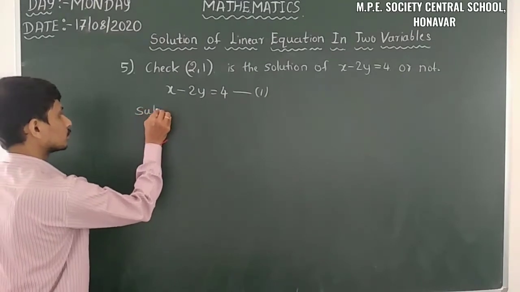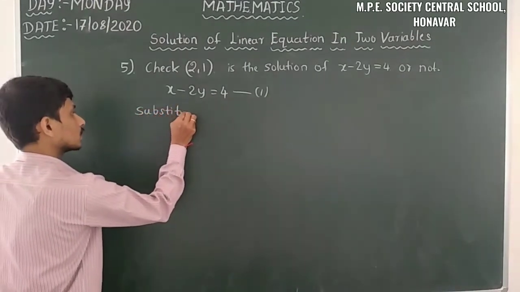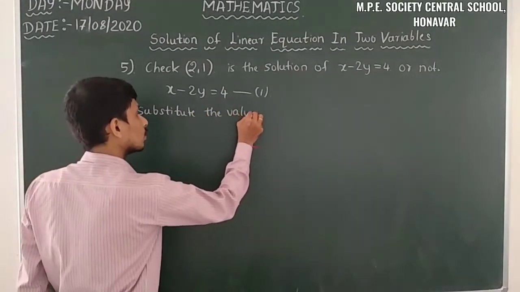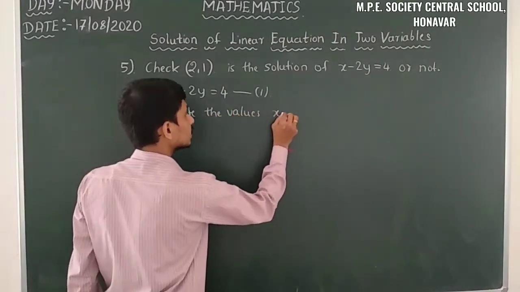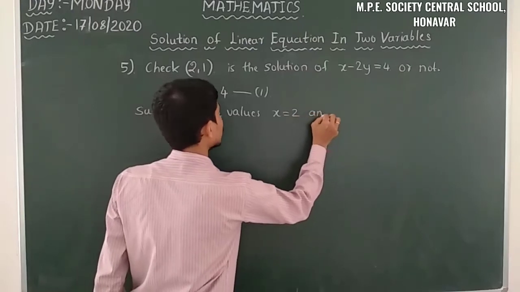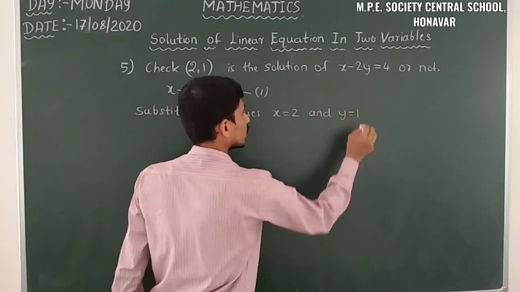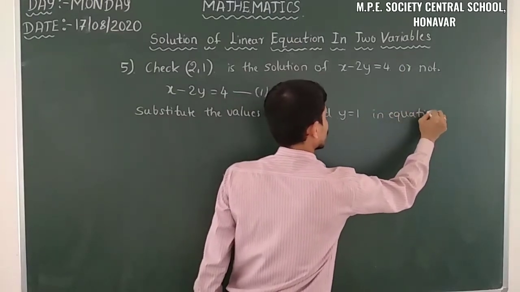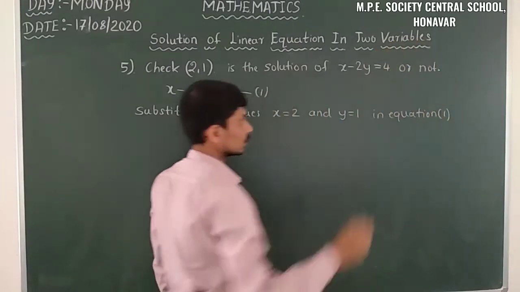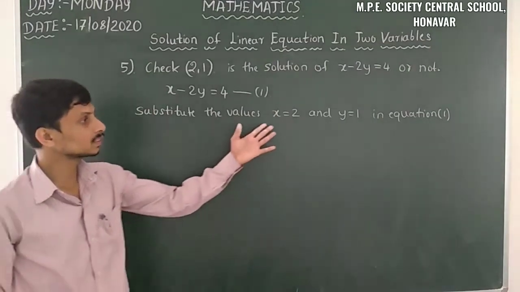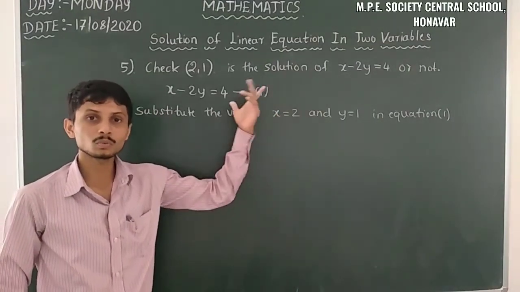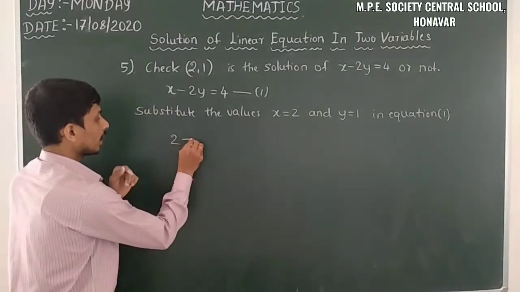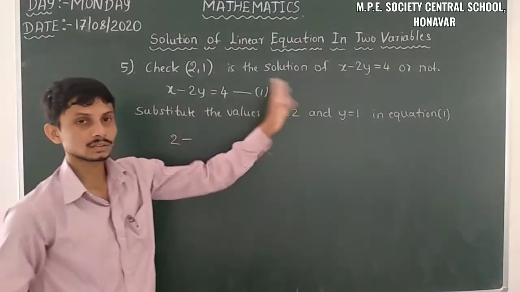Then substitute the values x is equal to 2 and y is equal to 1 in equation 1. So here x is equal to 2 and minus 2 into 1, since the value of y is equal to 1.